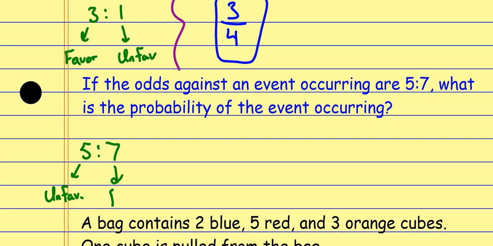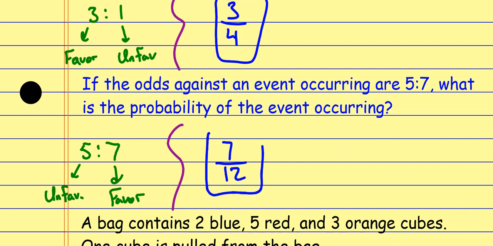And then these are the favorable outcomes listed second. Okay, so now if I want the probability of the event, the probability of that thing happening is favorable over total. So looking at the odds, I can see the favorable outcomes would be 7. And now if there's 7 ways I could get what I want, according to the odds, there's 5 ways that I could get something other than what I want. That's a total of 12 different options. So it's 7 out of 12. Okay.